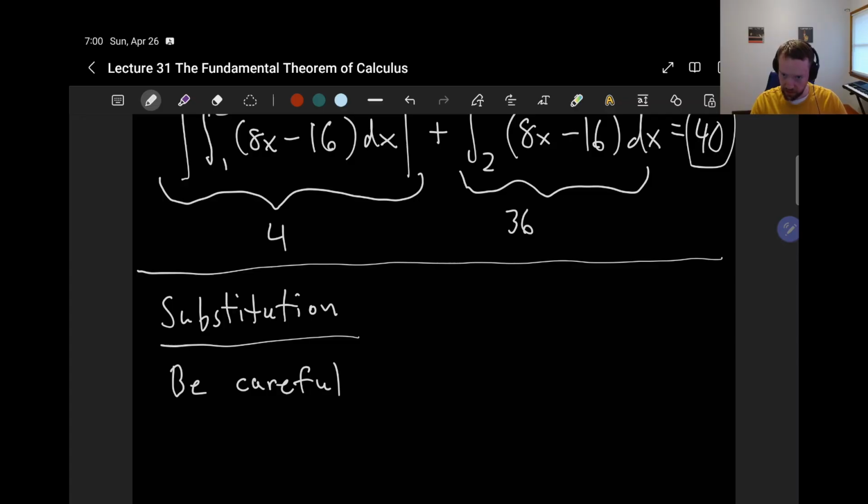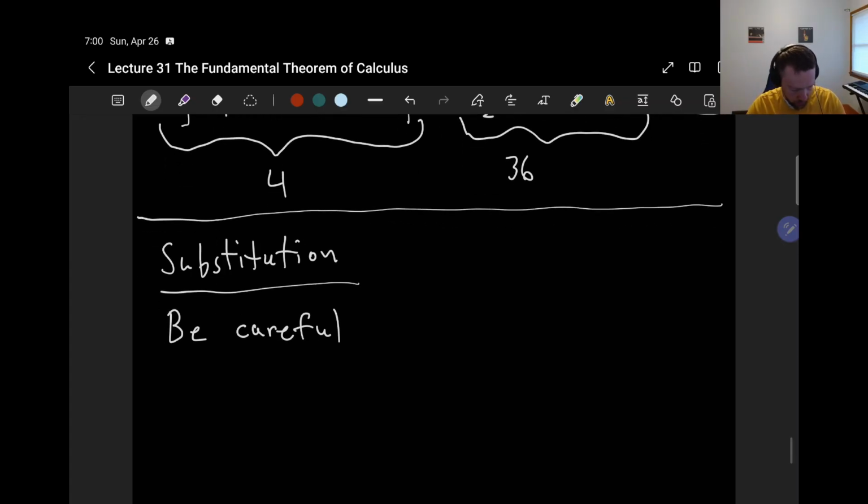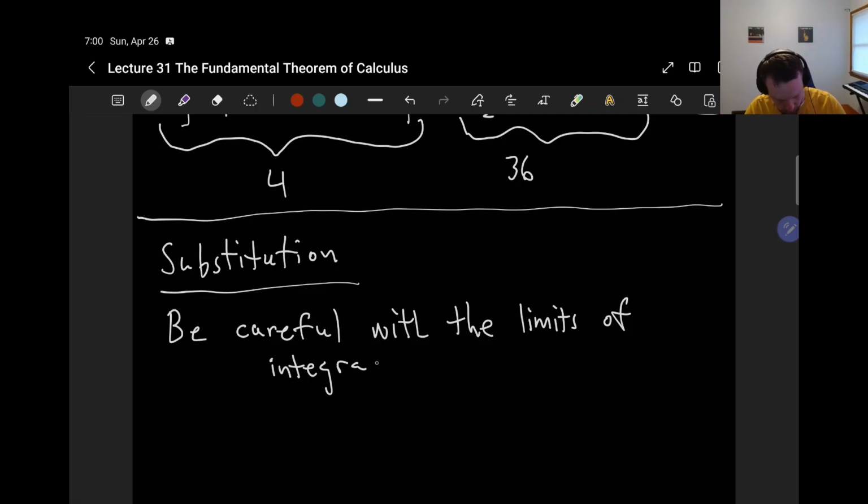What's different about this is that you need to be careful with the limits of integration, those numbers that show up next to the S of the integral sign. Well, the S is the integral sign, that's what I'm saying.